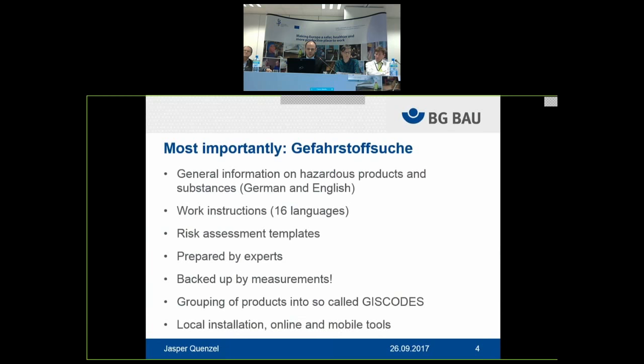We do all this by grouping products into these GIS codes. We have information for about 20,000 products. So if we get a paint A and a paint B, and they have a similar composition and labeling, we group them into one GIS code.